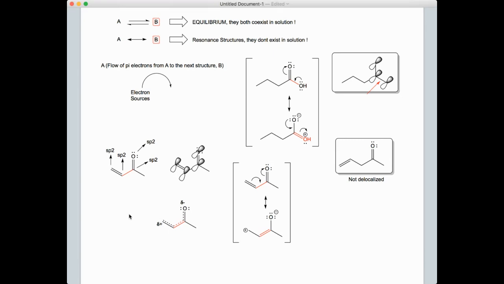Okay, so Tammy, that's a great question. I'm going to do this just to answer your question. If we were to do so, we will be showing a double bond here and then an oxygen which is positively charged.